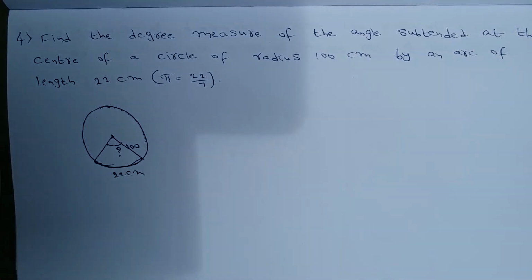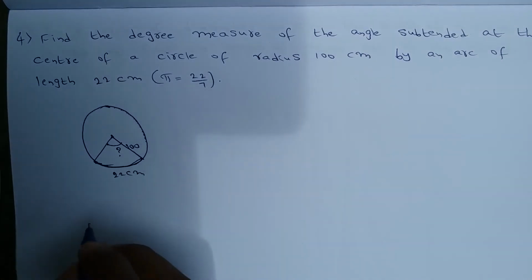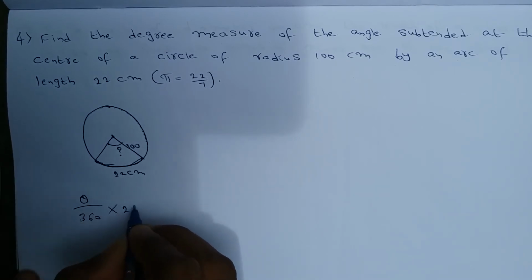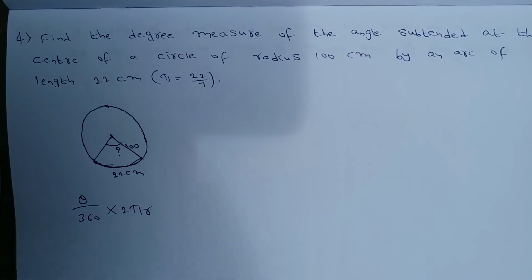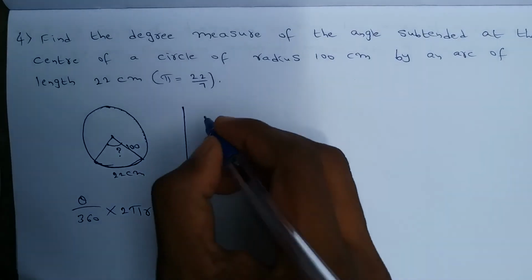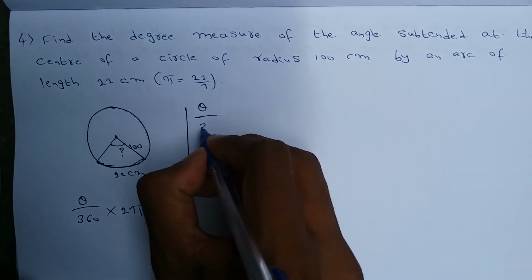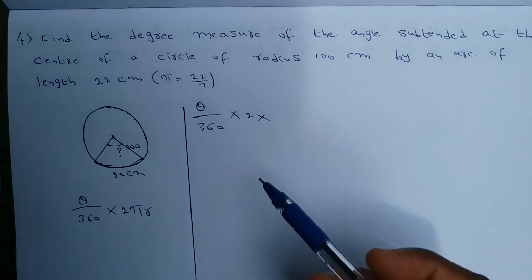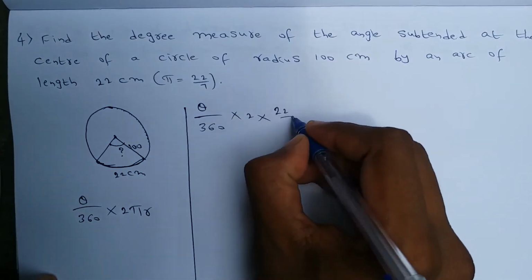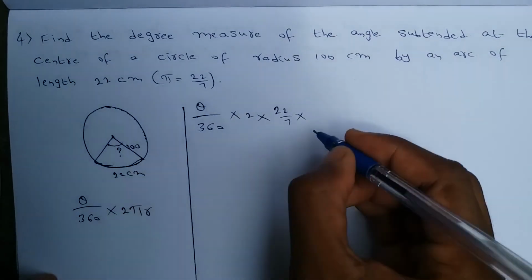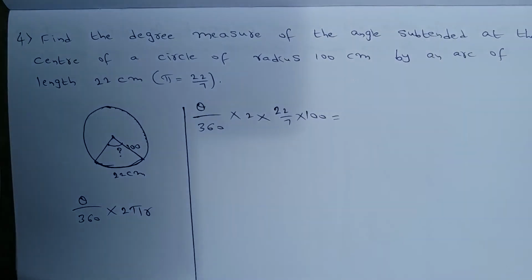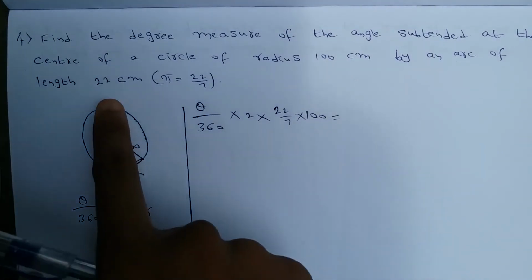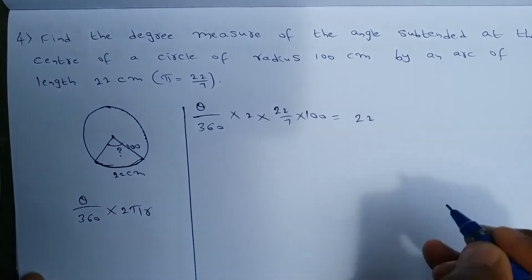So we already have the formula for arc length, that is theta by 360 into 2 pi r, which is equal to the arc length. Theta we don't know, so it is theta by 360 into 2 into pi, the value he gave in the question is 22 by 7, times r, the radius given as 100, which is equal to the arc length, given as 22.